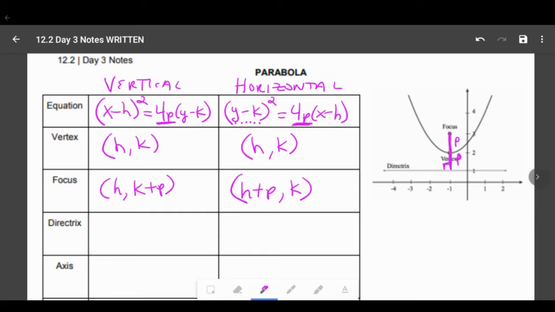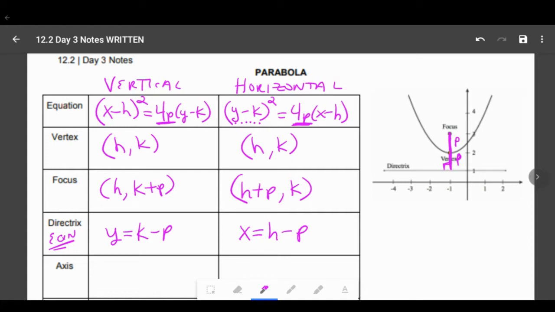When you write an equation, that's the big thing: a directrix always needs to be an equation. We're going to say that it's y equals, and since we went the opposite way, it's k minus p. If you have a horizontal parabola, you're going to have a vertical directrix line, so it's going to be x equals h minus p. Okay, so there are some equations for you to use in finding your information.